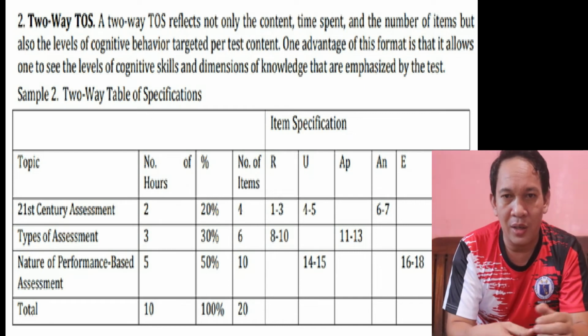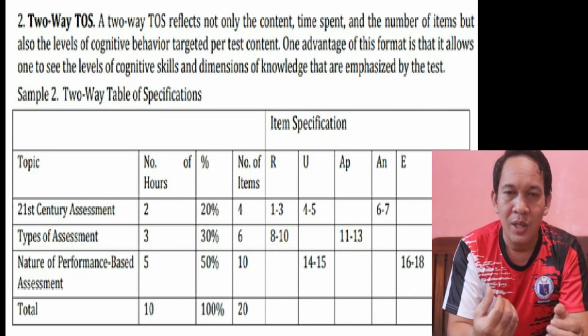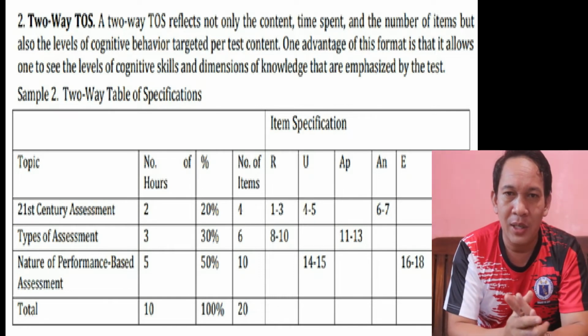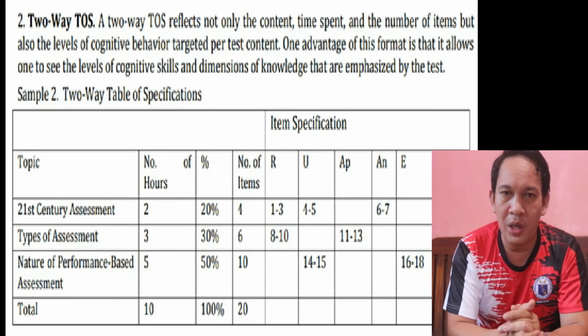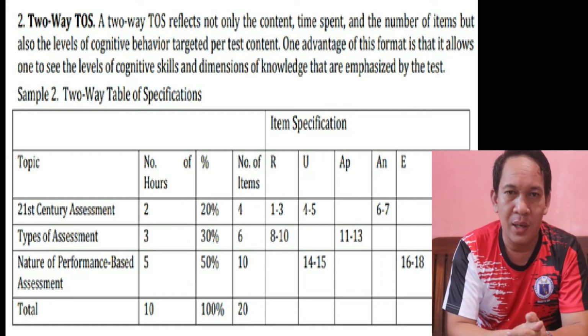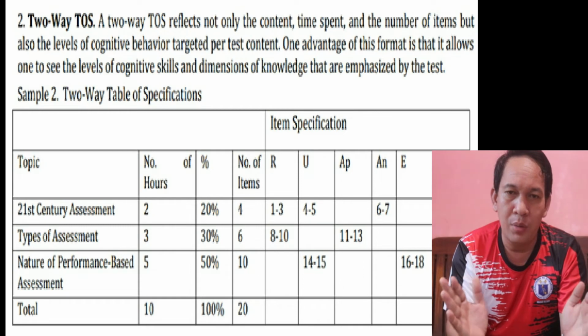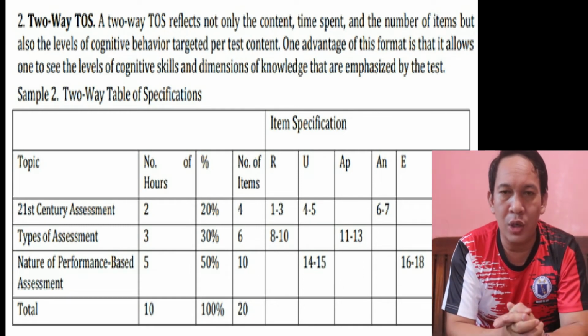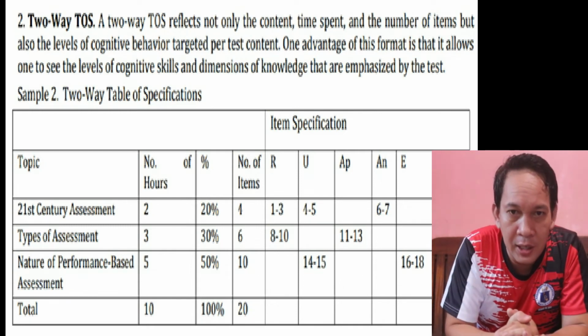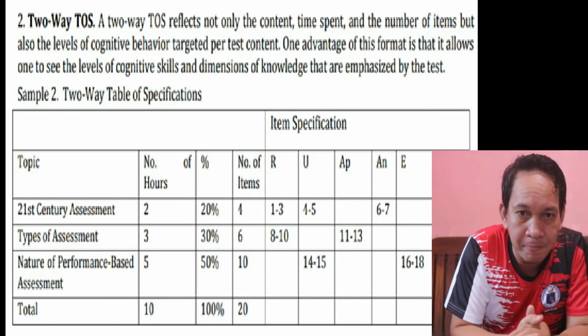So how to identify the number of items? Again, you have to decide the number of items in your test. It is possible to make an 80-item quiz for only ten hours of classes. It depends on the number of hours of the class.